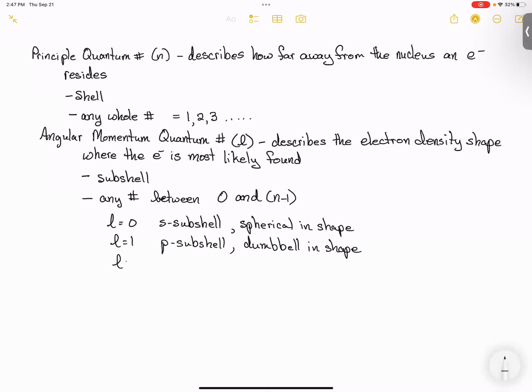If L is equal to 2, then we're talking about a D subshell, and we're talking about 4 of the 5 are cloverleaf in shape. And then I don't have a perfect word to describe L equals 3 other than it is our F subshell.